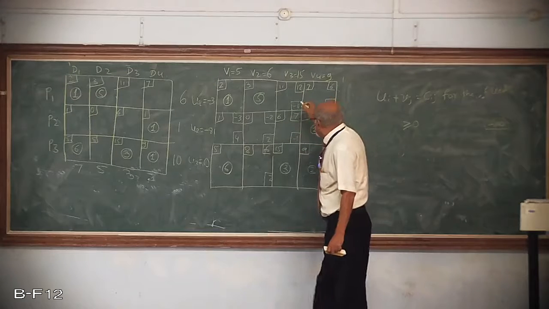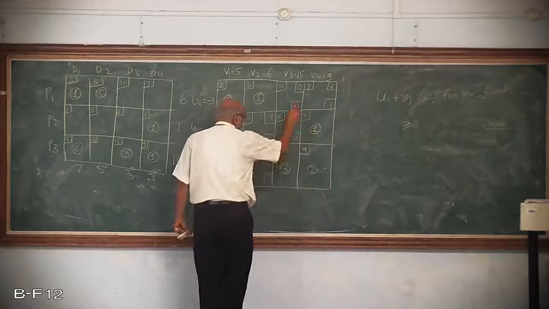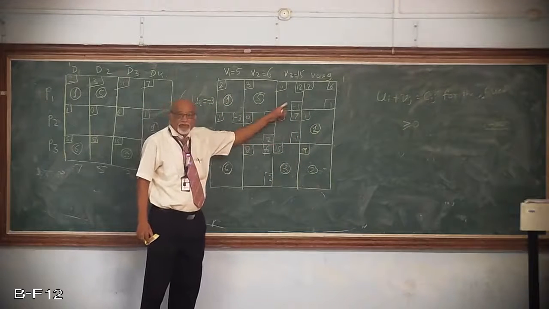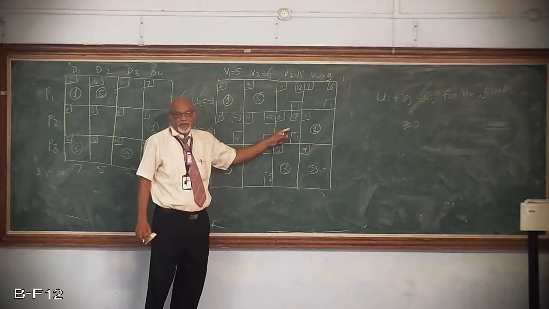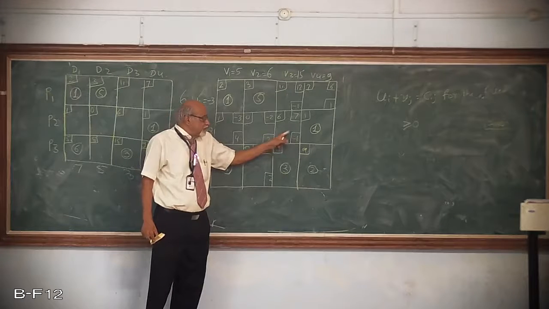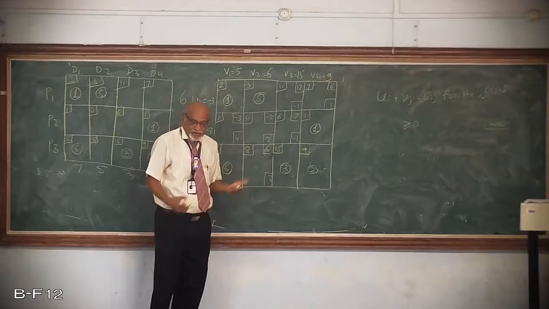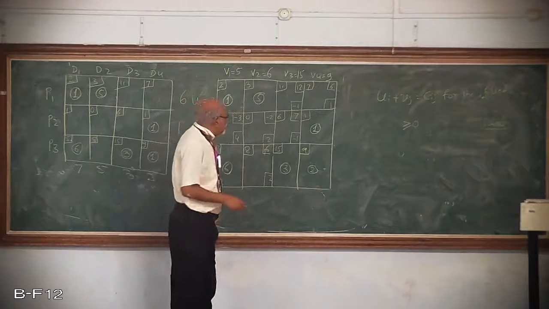Here both are the same, so arbitrarily I can select any one of them. If it were minus 2 and this is minus 1, then definitely I would have selected that one, but here both are the same. Anything you can select. But let me select this one.